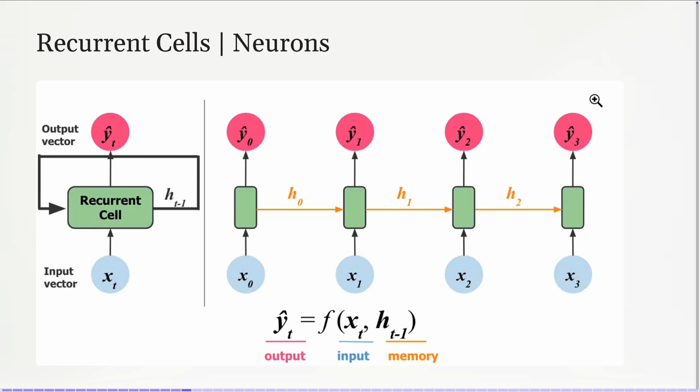For example, if you say "I do like NLP" or "I do not like NLP", the word "not" in the middle has a contextual meaning.